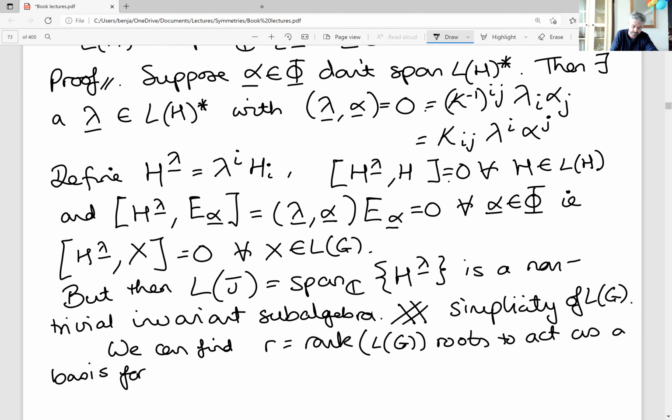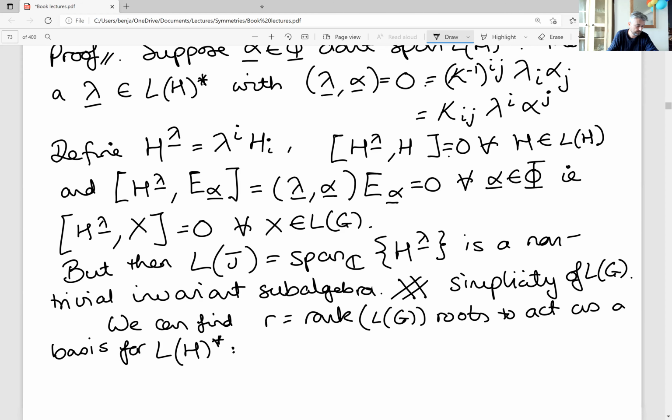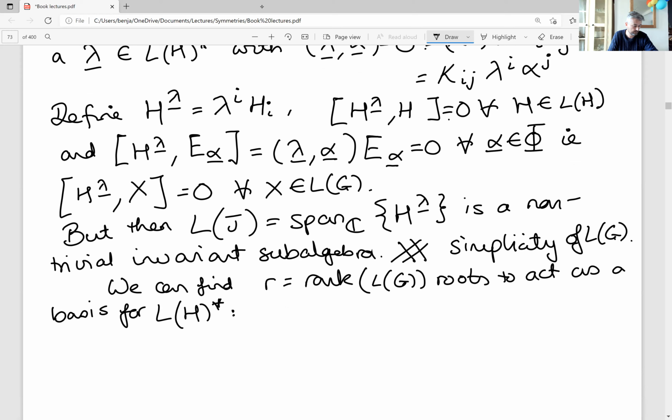Remember, R is the rank of the Lie algebra. So I take the rank number of alphas and a real subspace.